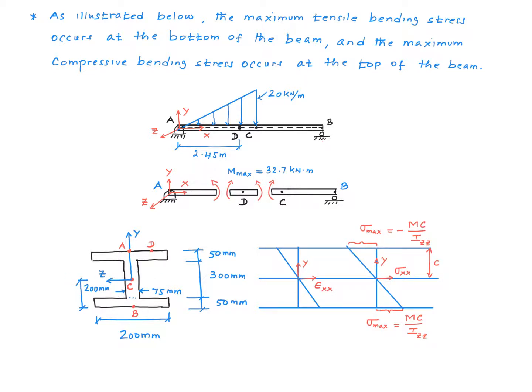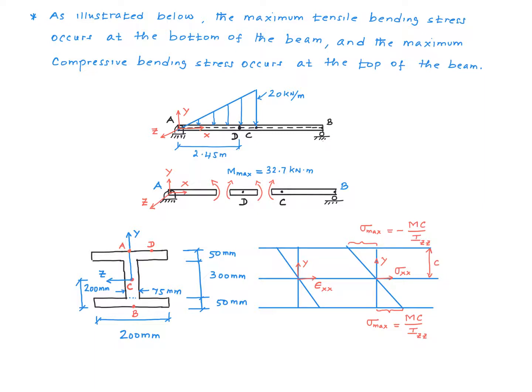Furthermore, our bending theory told us that the bending stress varies linearly with y. It is 0 on the neutral axis. So for this problem, we have the maximum compressive stress at the top of the beam and maximum tensile stress at the bottom of the beam. The flexure formula, which is this, allows us to calculate the values of these stresses.